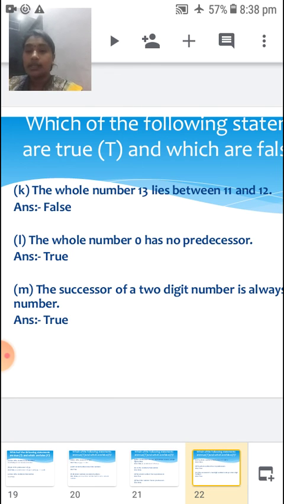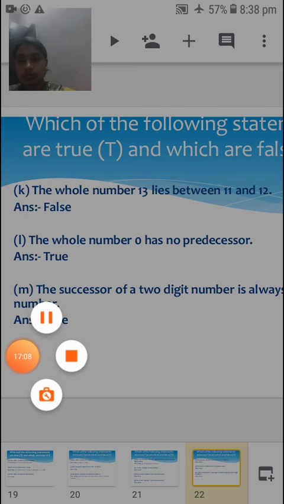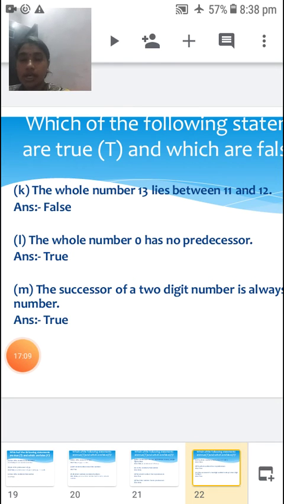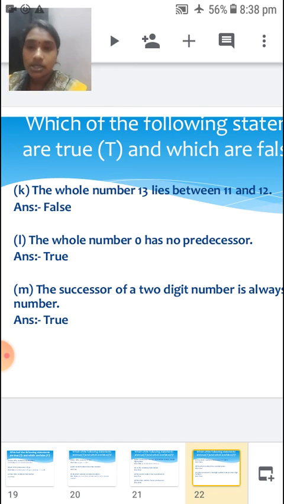So hence the above statement is false. So next we have the whole number 0 has no predecessor. Yes, so the whole number starts with 0, hence there is no predecessor for 0. So the above statement is true.